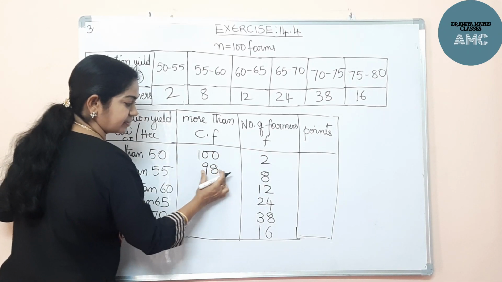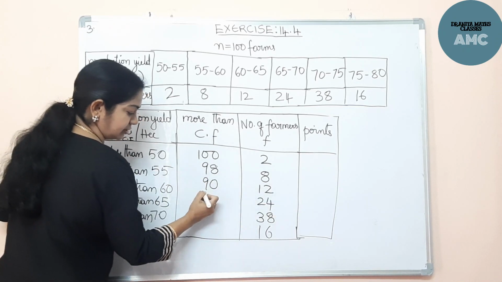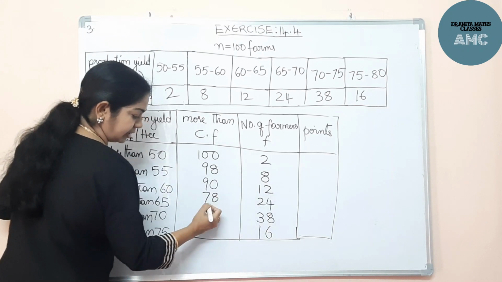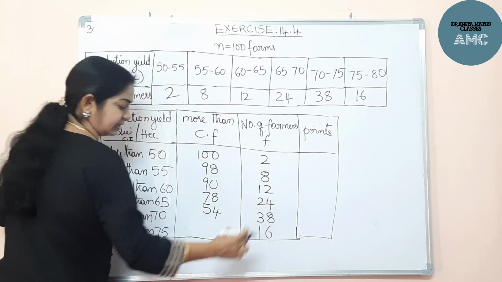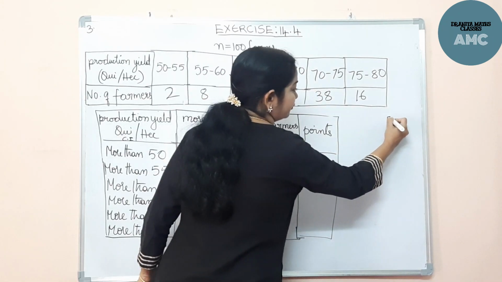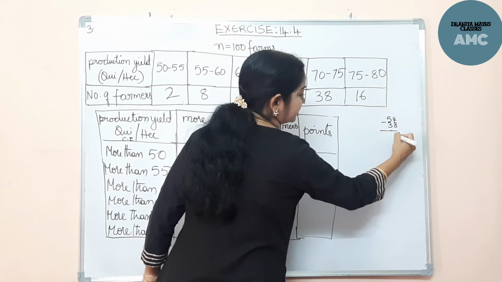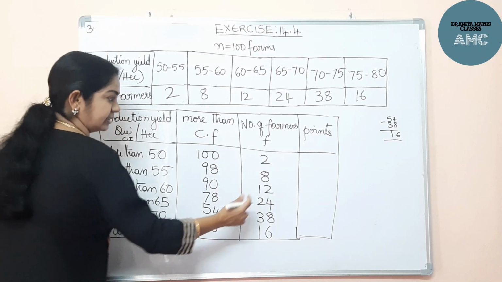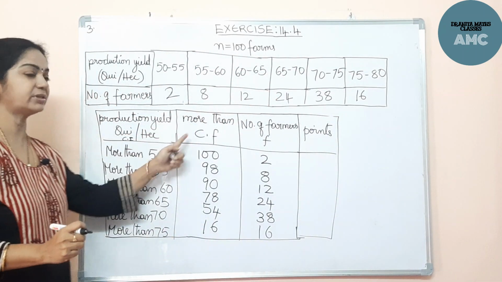From 98 subtract 8, you get 90. From 90 subtract 12, so 78. From 78 subtract 24, you get 54. From 54 subtract 38, so 16. You'll get 16, right? So this is the more than cumulative frequency.